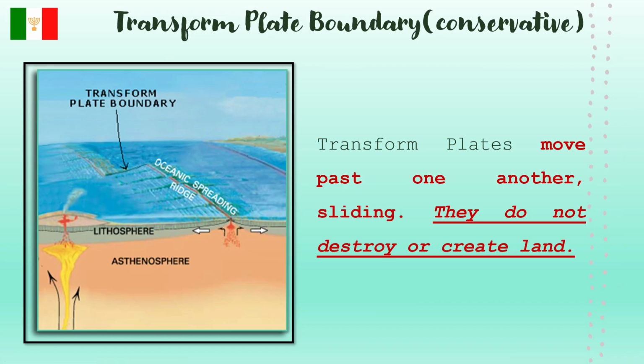Ang next natin ay ang transform plate boundary, which is conservative. So kung kanina, sa divergent plate boundary, ang movement nila ay palaging palayo sa isa't isa, dito naman ay nag-i-slide lang from one another. They do not destroy or create land.